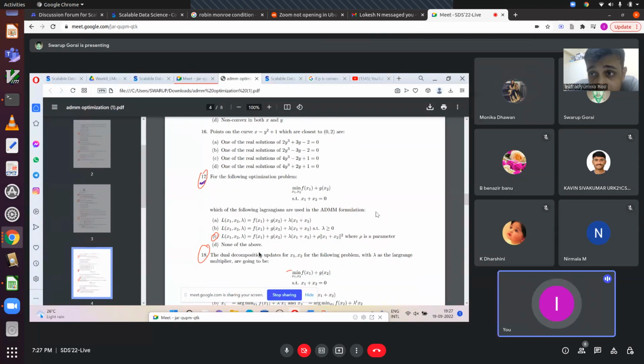Now, if the constraint is not satisfied, if x1 plus x2 inside the bracket is not equal to 0, then you want to penalize the objective for not adhering to the constraint. How do you penalize it? You increase the loss. And since it's a maximization problem here, in order to increase that loss, you will ensure that lambda will be greater than 0 so that it goes to plus infinity.